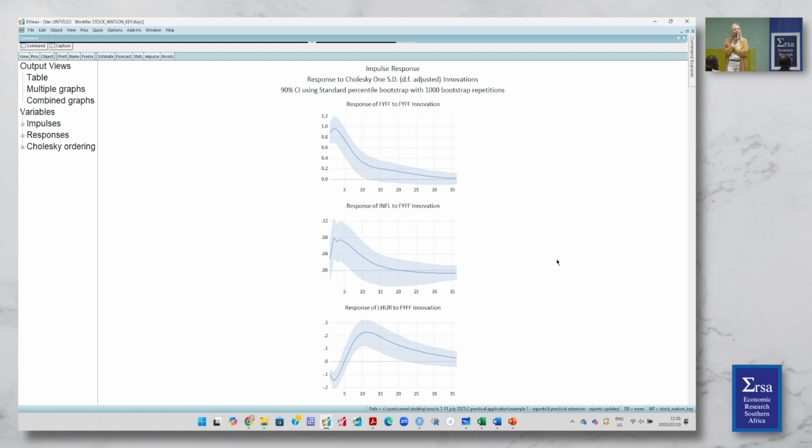What happens in the beginning? Does it come down? Does it come down significantly? It first rises. There's first that price puzzle, then it starts coming down and it is significant up to like 6 or 7, I think that will be 7 quarters. Then there's still an indication that it's going down, but it's no longer a significant effect.